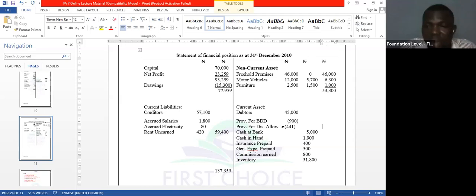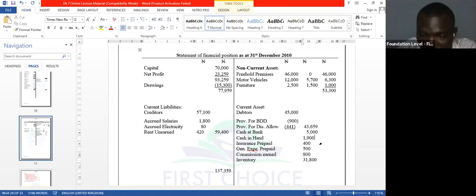Once we have this, we move to the next one, which is our current assets. Under our current assets, we need to get our debtors. Our debtors: 100 minus 441, and that will give us a total sum of 8,659, the trade receivables. Once we have this, the next thing is to add all our current assets together.